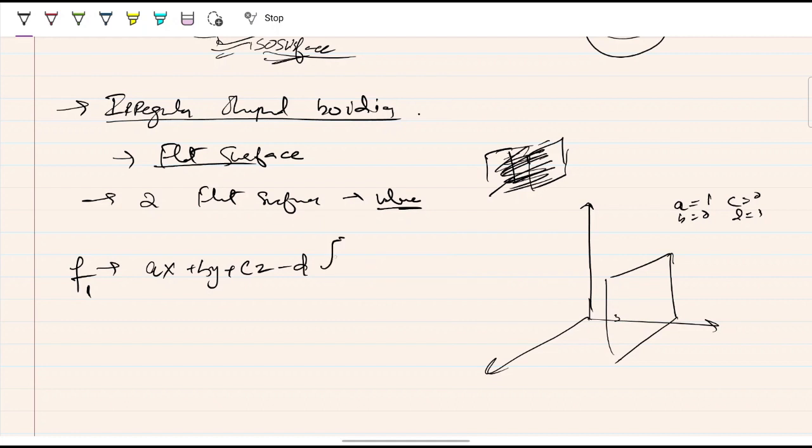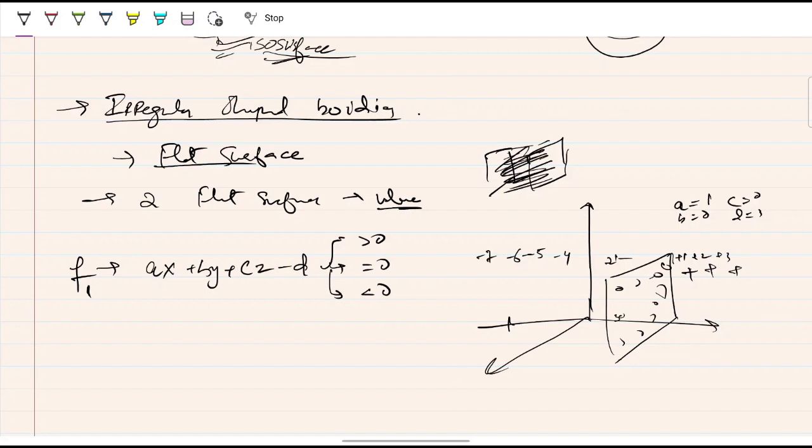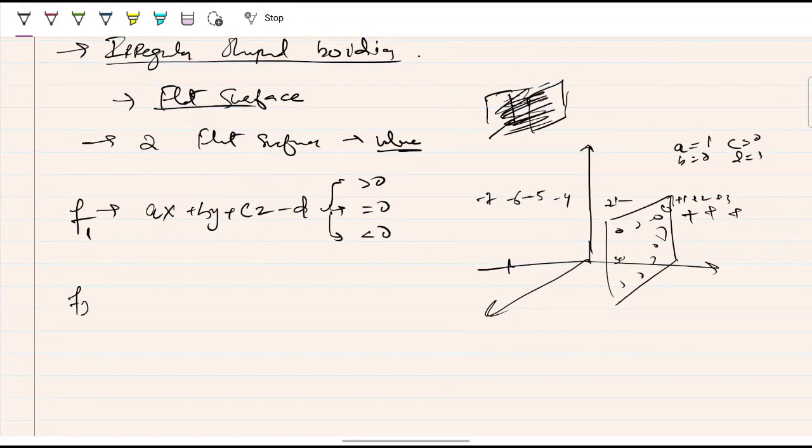This function will take three kinds of values: greater than 0, equal to 0, and less than 0. Greater than 0 will be here, like plus 1, plus 2, plus 3, 0 here, and negative here, minus 1, minus 2, minus 3, and so on, minus 4, minus 5, minus 6, minus 7. This is the first surface. Now let's talk about the second surface, f2.